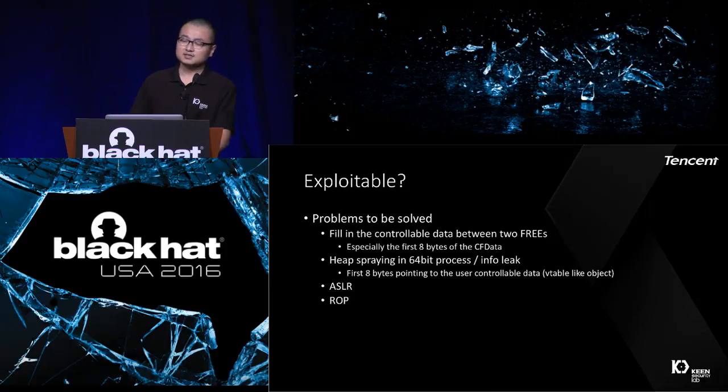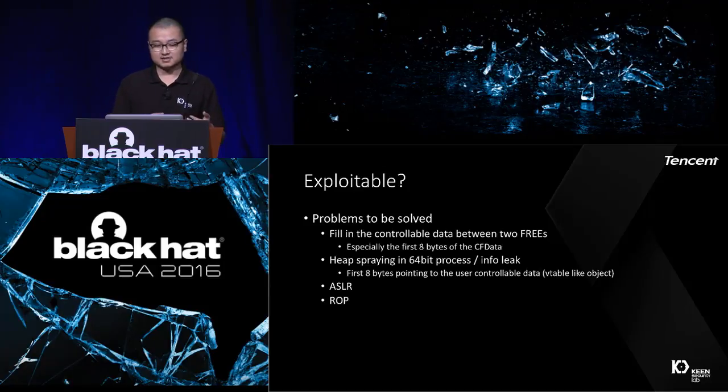But let's think about whether it is exploitable. If you want to exploit this bug, several problems must be solved. One is that you have to fill in the data into the freed CF object. This is the first problem. The second problem is that you have to do a very effective heap spray in a 64-bit process.